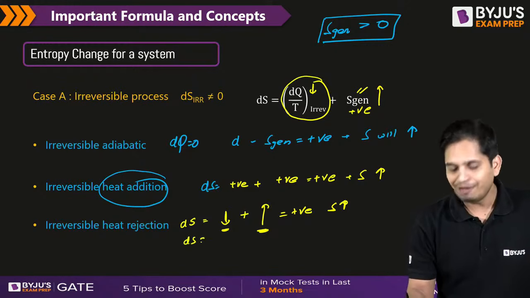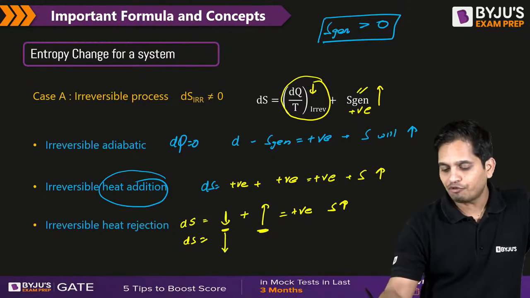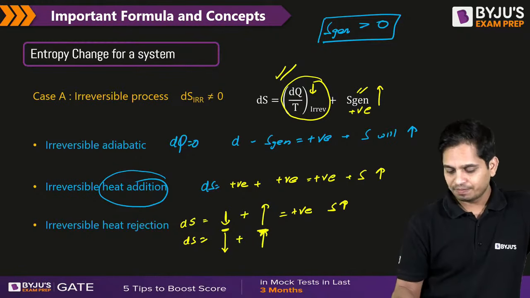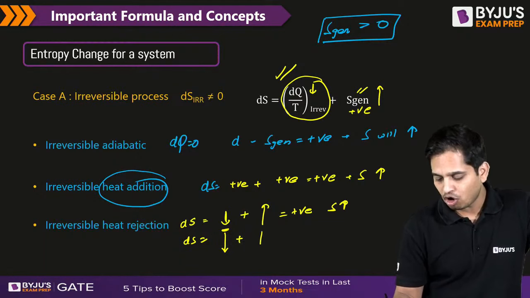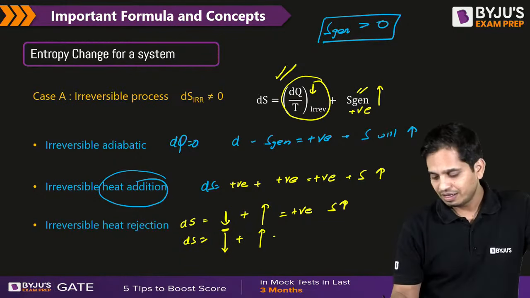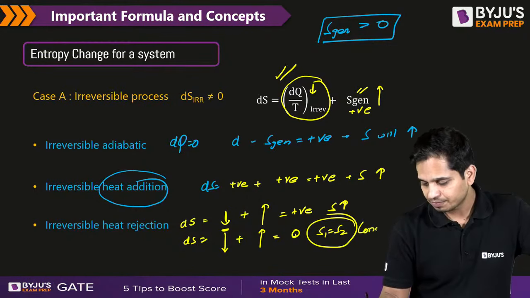But if the decrease in entropy because of heat transfer is equal to the increase in entropy because of entropy generation, then it is 0, means entropy 1 is equals to entropy 2. Entropy will remain constant.